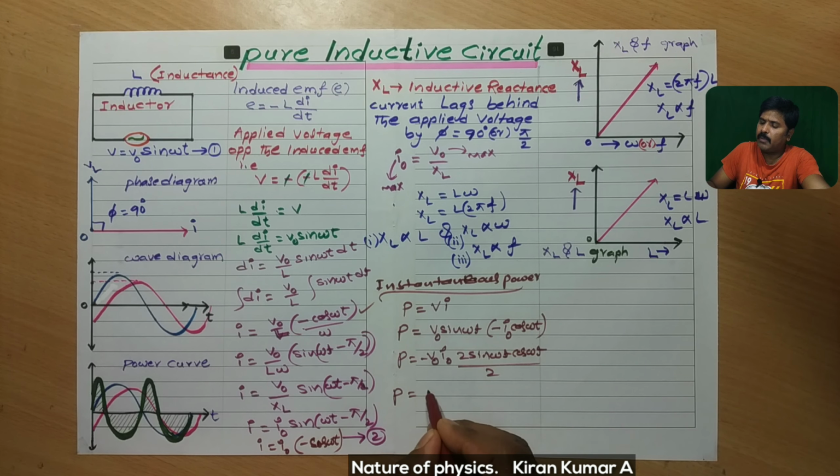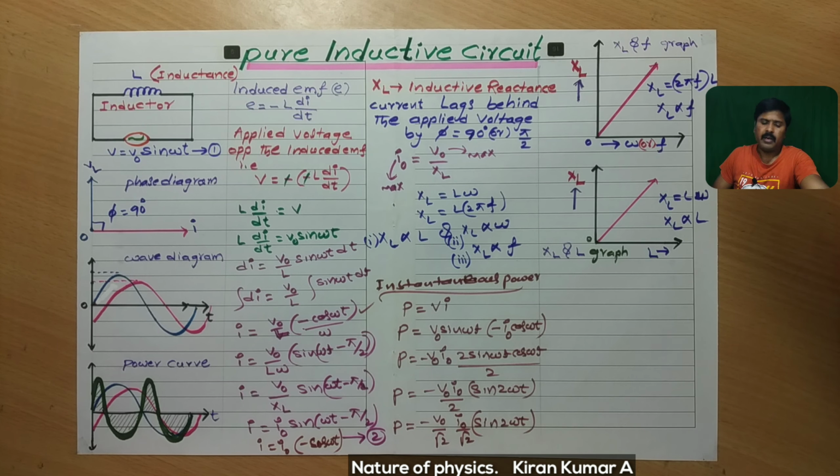P is equal to minus V0 I0 by 2 into sin 2ωt, student. Okay, now I can write here P is equal to minus V0 by root 2 into I0 by root 2 sin 2ωt, students.